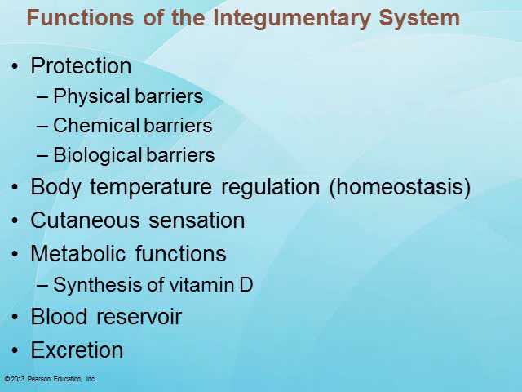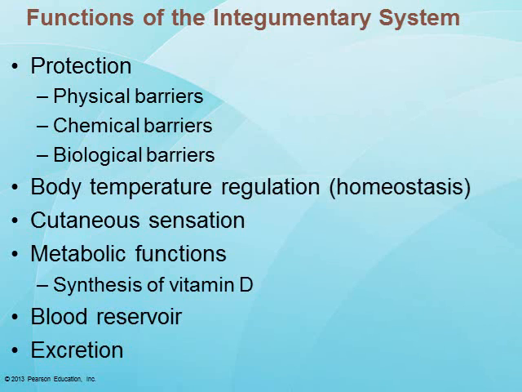Alright, so think about the whole integumentary system. So far we learned every single organ in the integumentary system already. What do they do? They protect your body. It's the skin and the things on the skin. It covers your whole body up and protects your body. It forms a few barriers: physical barriers, chemical barriers, and biological barriers.